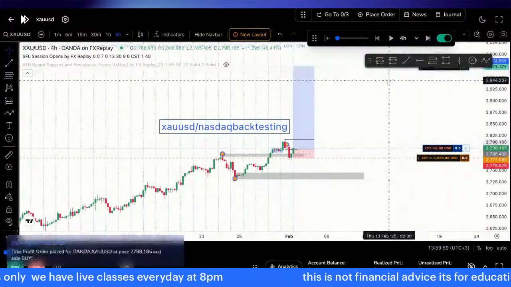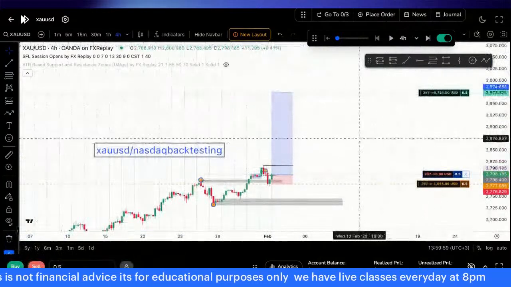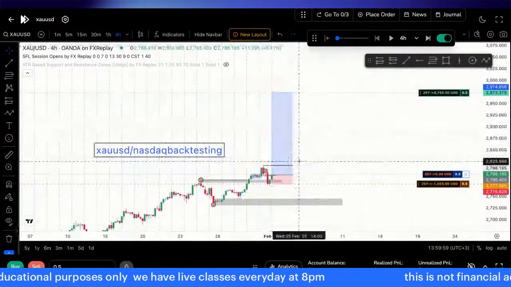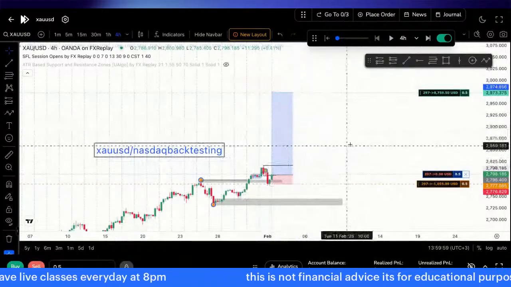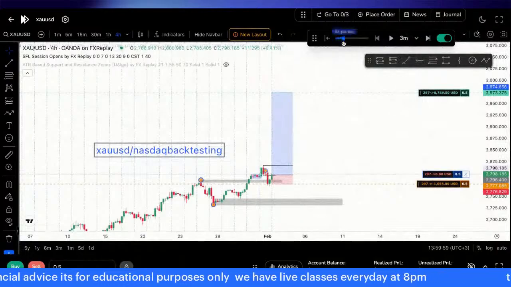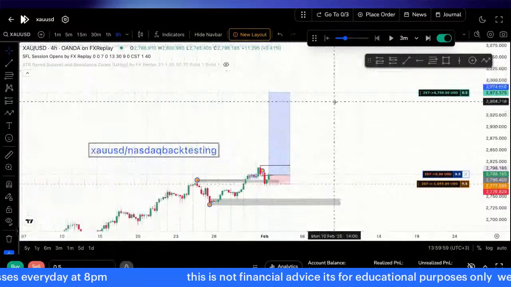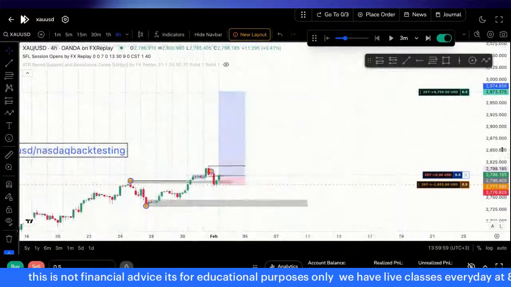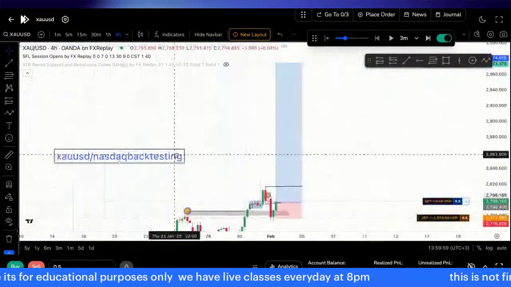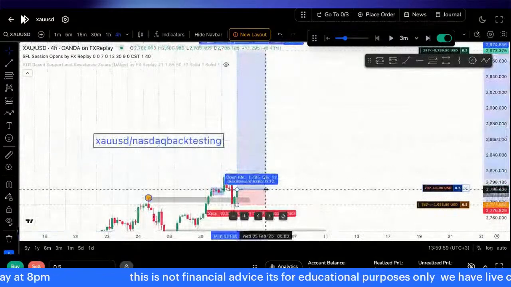So that's where our TP is, 8,000. But we can collect partials on the way up, reading price. Whenever you place a trade, it's either going to hit your SL or TP. That's what I want you guys to have in your minds. It's not a sure thing.